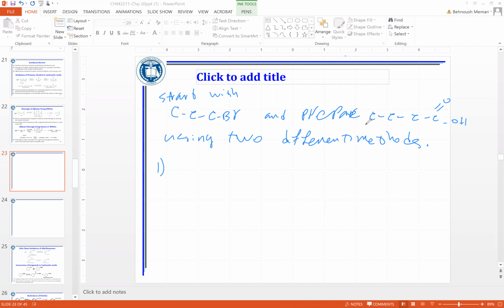Would it react with CO2? So what should be done? Okay.